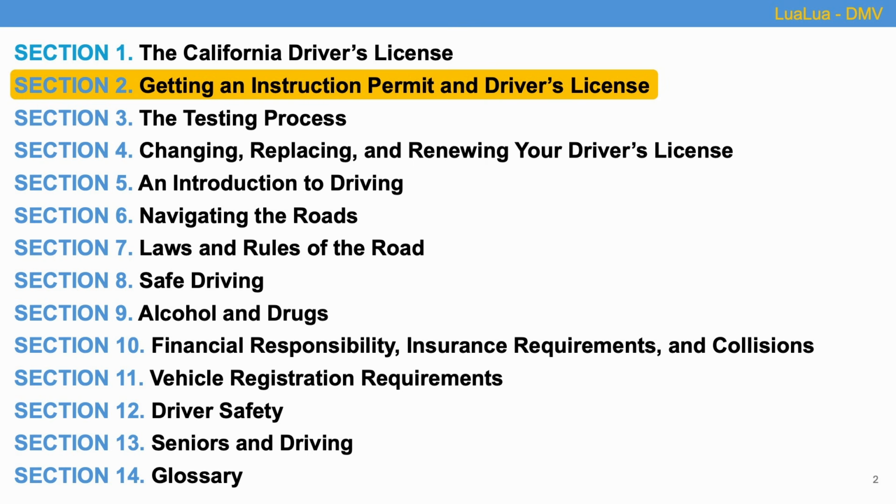Practice driving for at least 50 hours with a California licensed driver who is at least 25 years old. 10 hours must be at night. See the driver's licenses page at dmv.ca.gov/teendriver for the complete list of application steps, requirements, the parent-teen driving contract, and driving performance evaluation (DPE) score sheet.